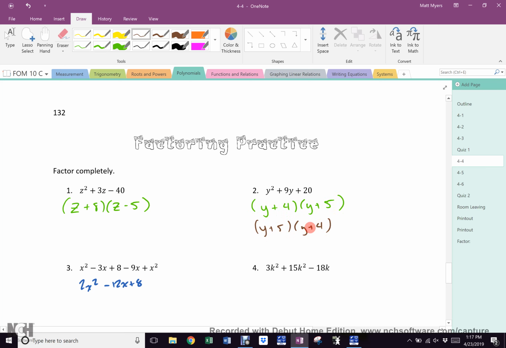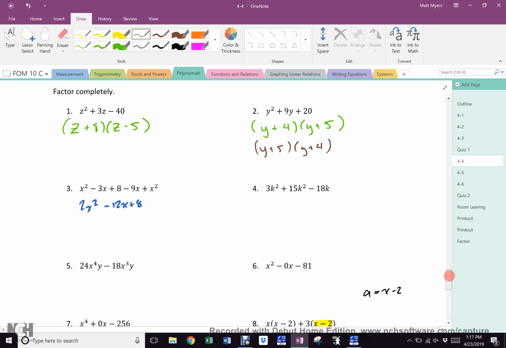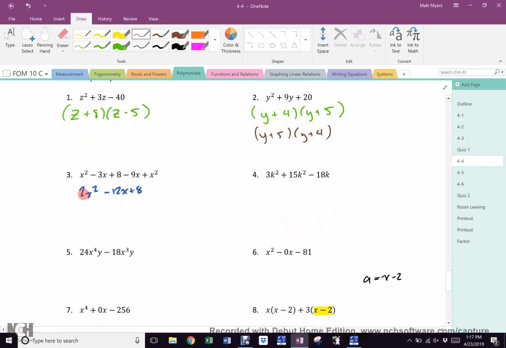Of course you are. This one, we bring out a 2, and we get x squared minus 6x plus 4. And there we must stop, because there are no factors of 4 that add to 6.